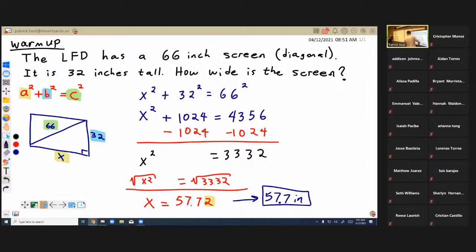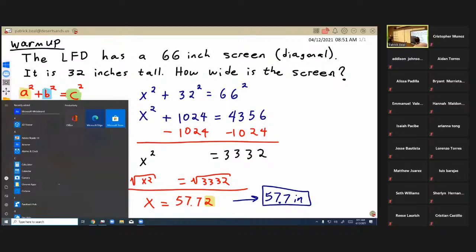So let's see how accurate that is. Opening up stuff on my menu here. Yeah, can you see that there, Carlos?